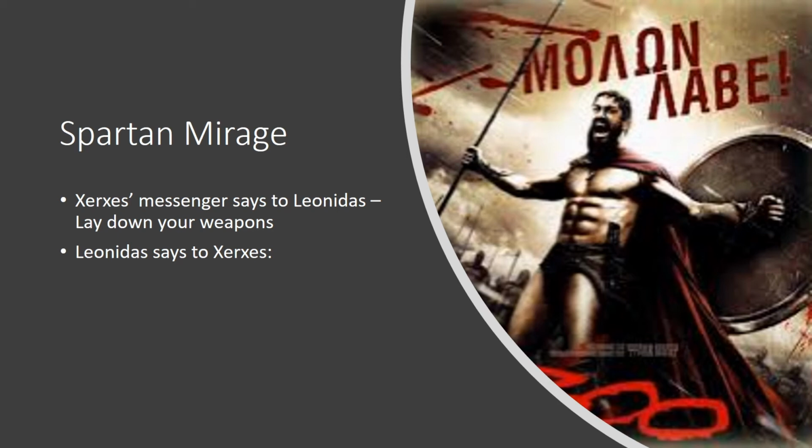We see Leonidas refuse to lay down his army's weapons. Xerxes' messenger gives the order, lay down your weapons, and Leonidas refuses. He says two simple words in Greek, molon labe, translation, come and get them.